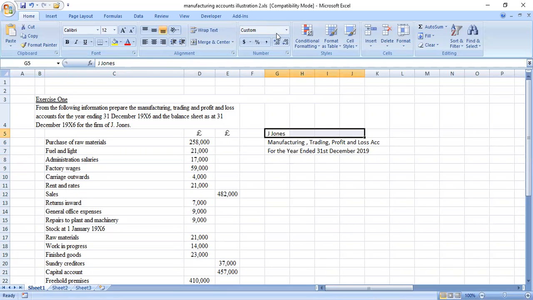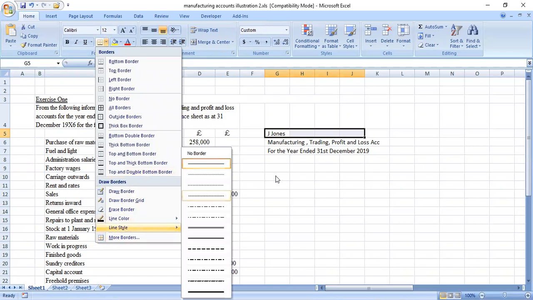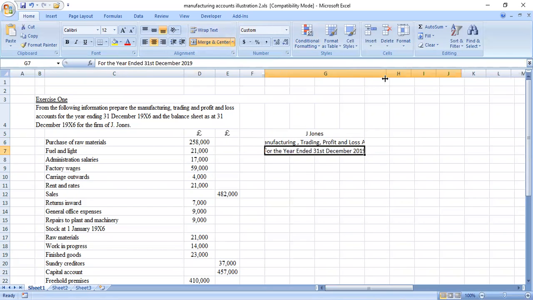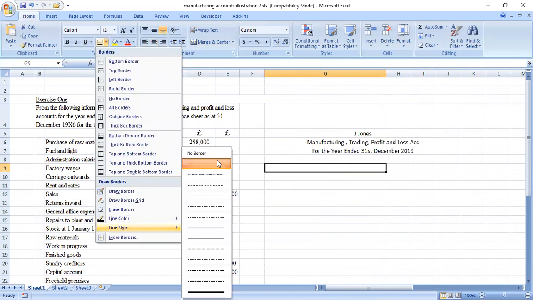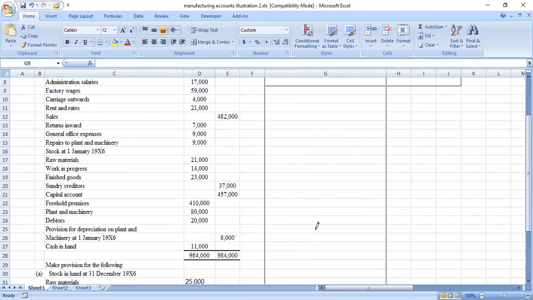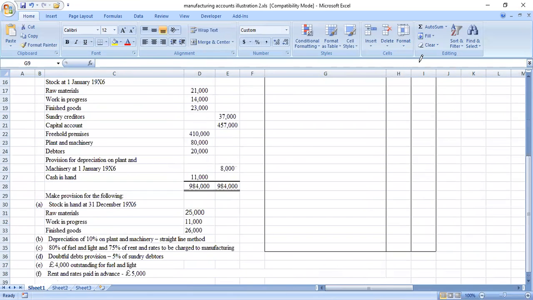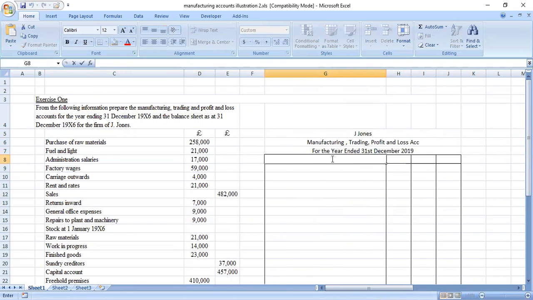Okay, let me make the columns. So here we have the particulars, the amount.